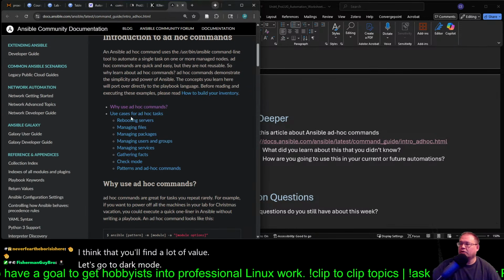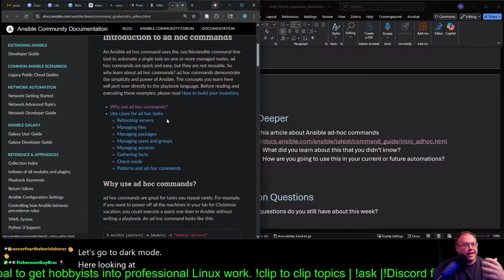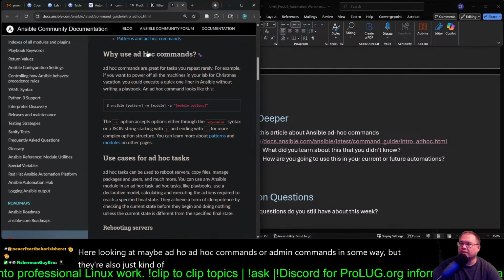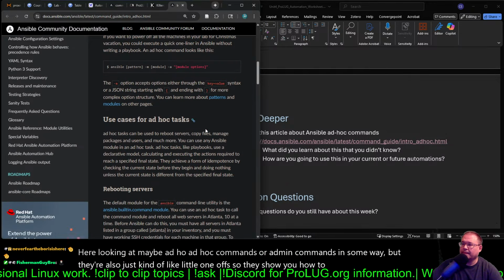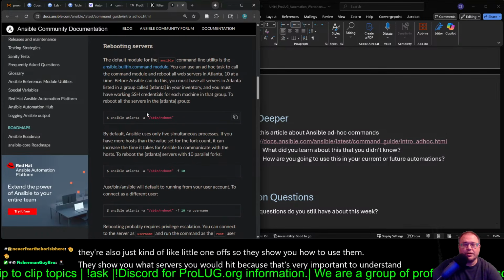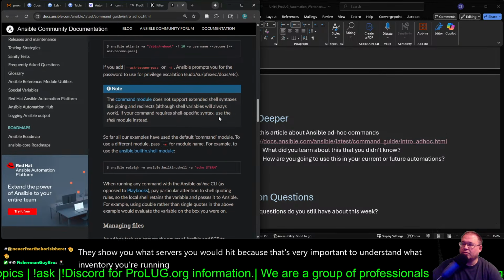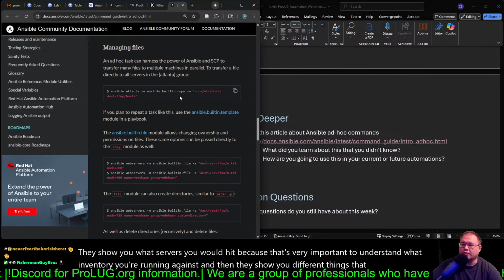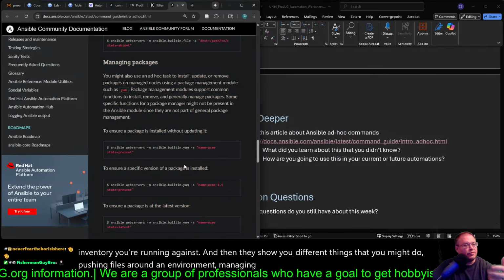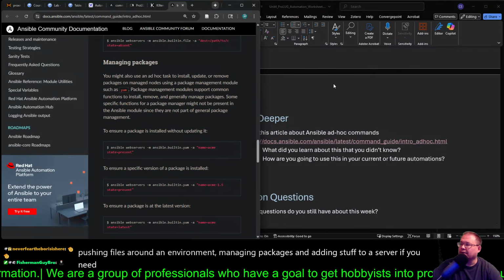Ad hoc commands are admin commands in some way, but they're also just little one-offs. They show you how to use them. They show you what servers you would hit, which is very important to understand, what inventory you're running against. And then they show you different things that you might do: pushing files around an environment, managing packages, adding stuff to a server if you need to, all that kind of stuff.